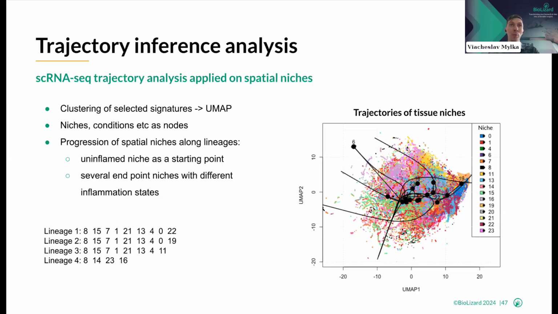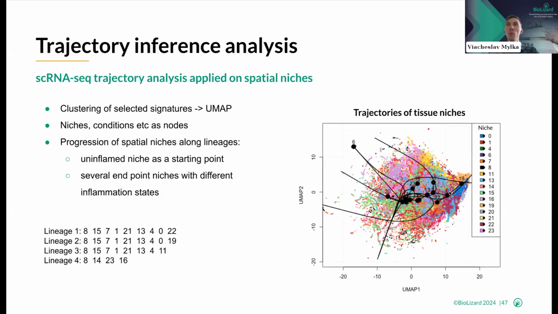Why is this approach so powerful? Because we see our variable, our spatial niches, as a continuum this time, not simply as a group of different spatial niches. So for example, we can find that a spatial niche can be located at the beginning of a trajectory, which potentially or hypothetically characterizes our uninflamed samples.